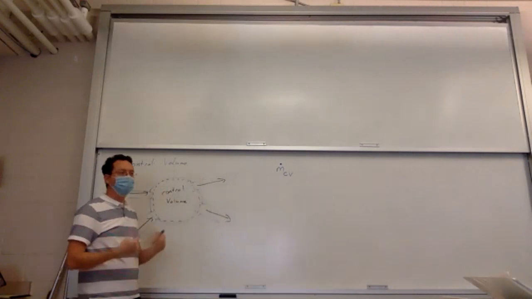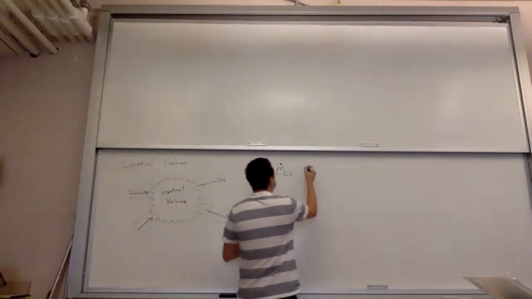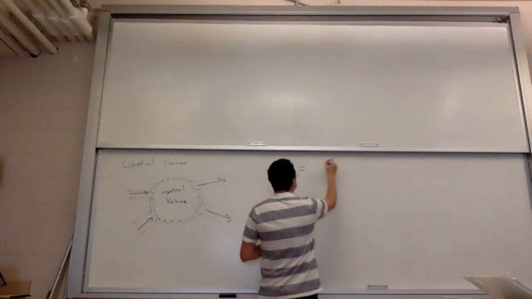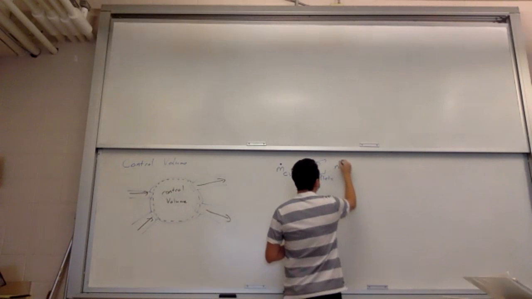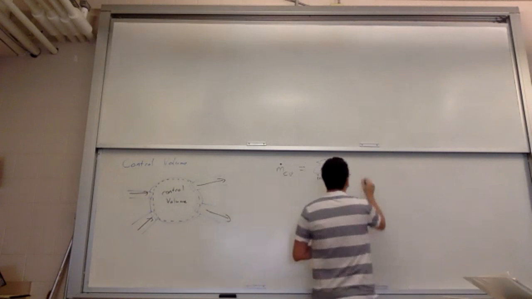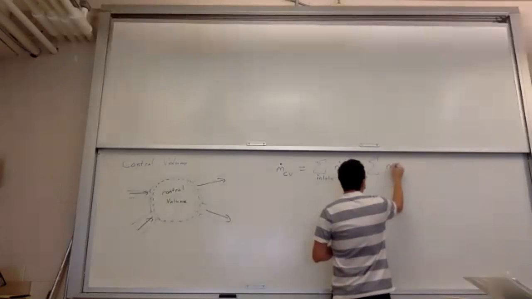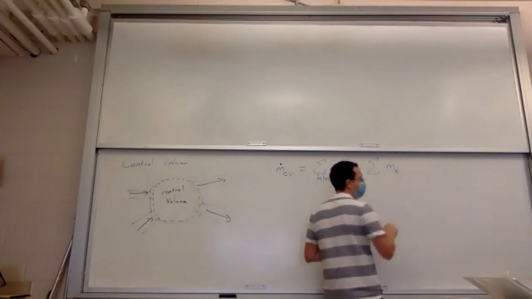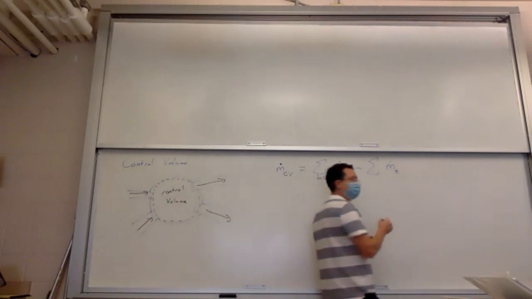I'm saying a lot of words, but the changes are all concentrated on the edges. So we're going to say this is the sum over all the inlets of m dot i, for inlets, minus the sum of m dot e, for exits.